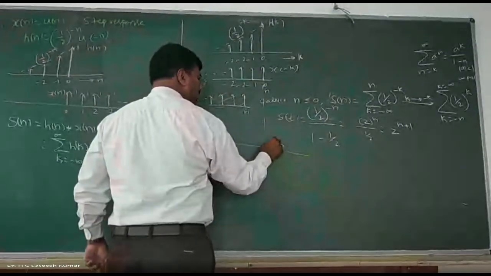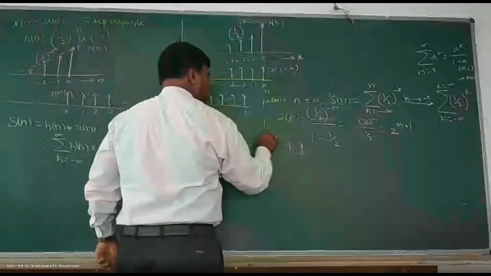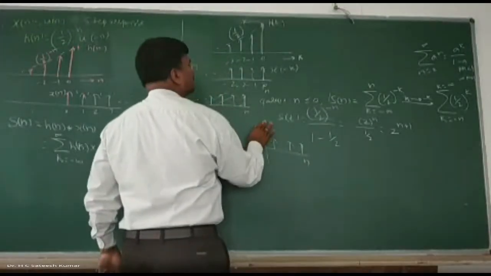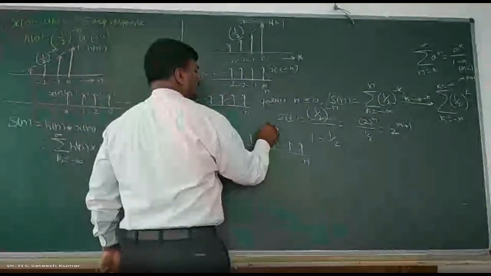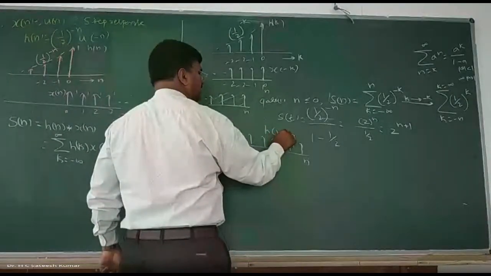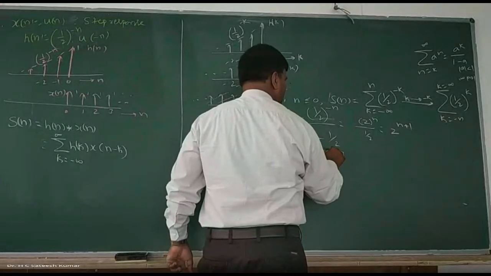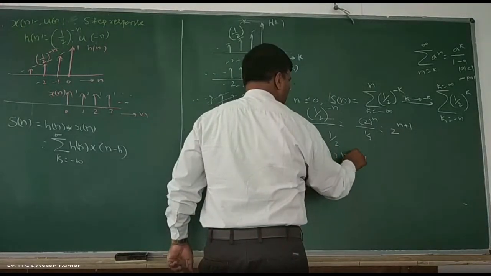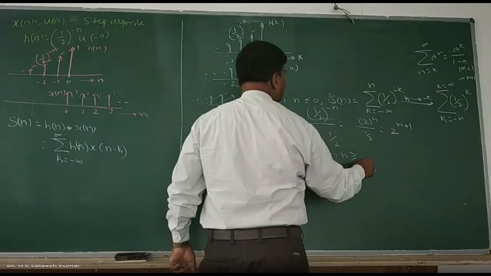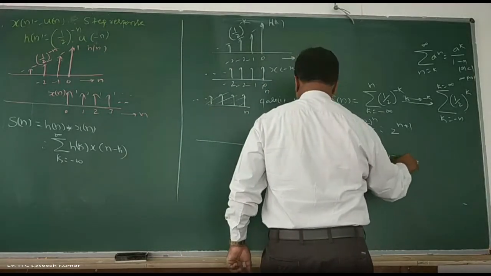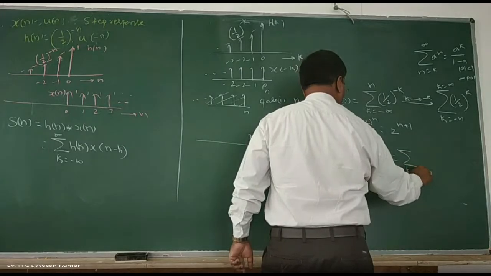Case number 2. This is nothing but h of n minus k. Case 2: n is greater than or equal to 0. S of n is equal to summation k varies from minus infinity to 0.